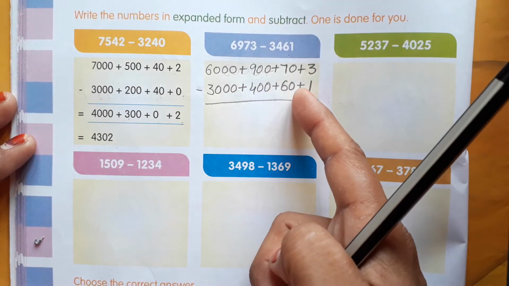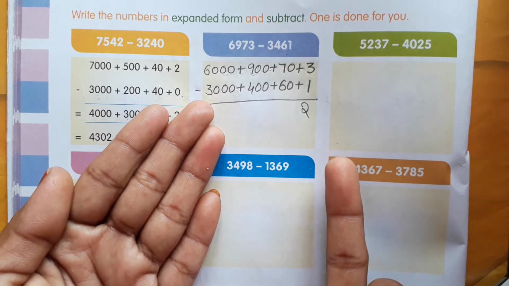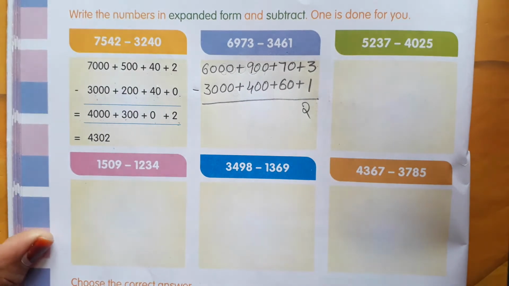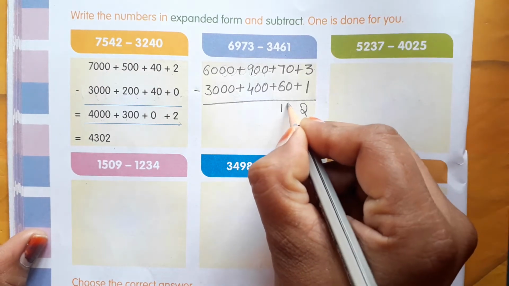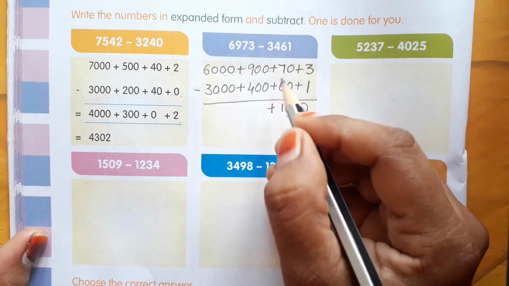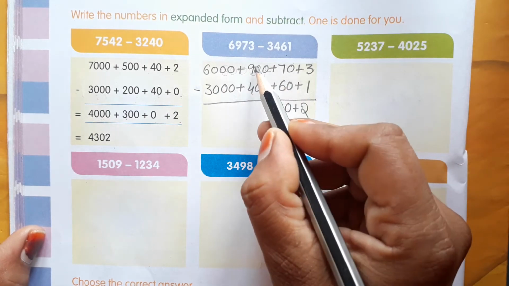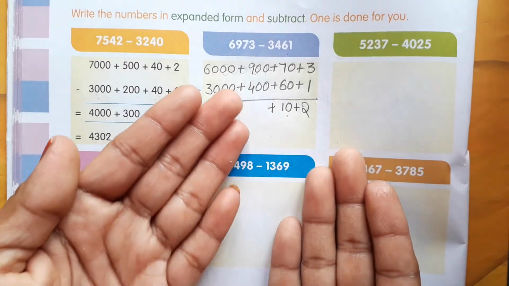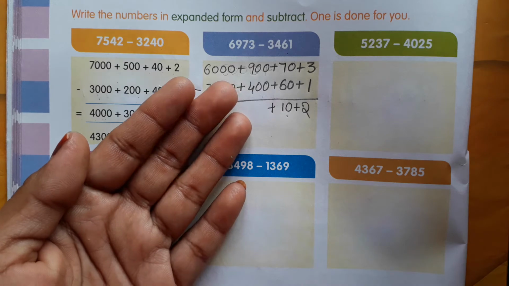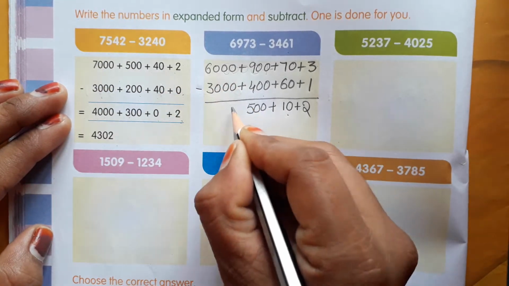70 minus 60 means first 7 minus 6. 7 minus 6 how much? 1. 1 means here 10. 70 minus 60, 10. Next 900 minus 400. 9 minus 4 how much? 5. 5 means 500.